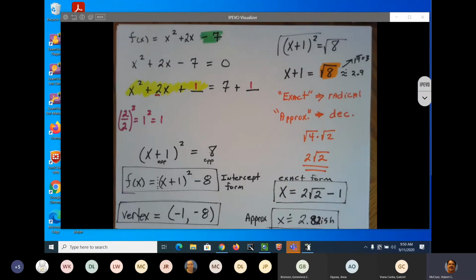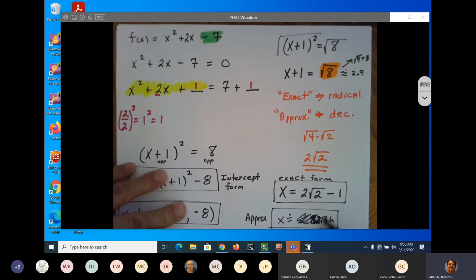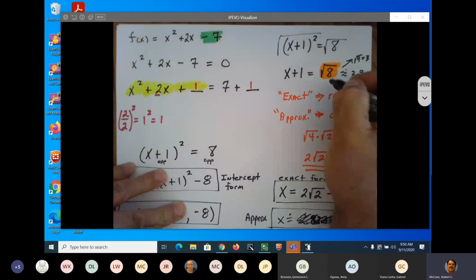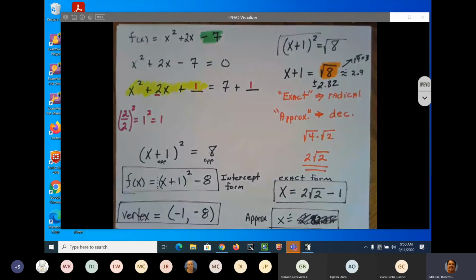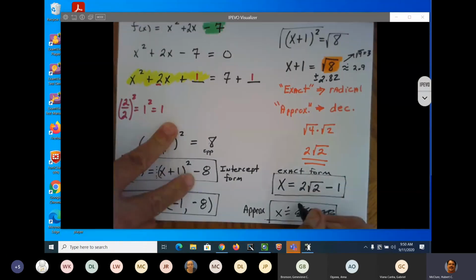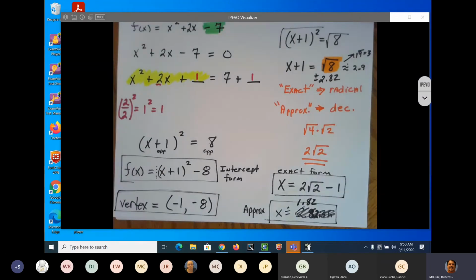So I messed that up right there. 2.82, that's going to be a positive or negative. So 2.82 minus 1 is 1.82. And then negative 2.82 minus 1 is negative 3.82.